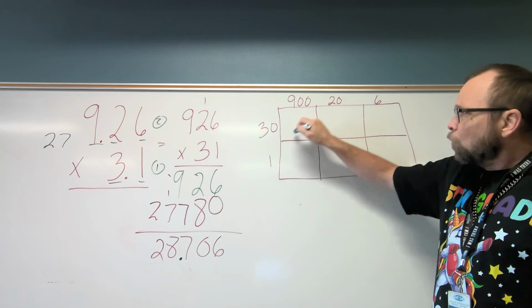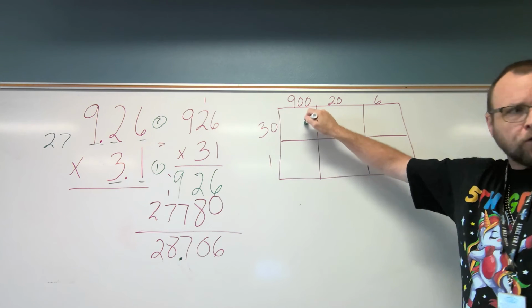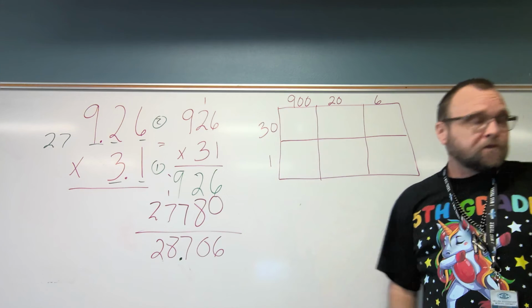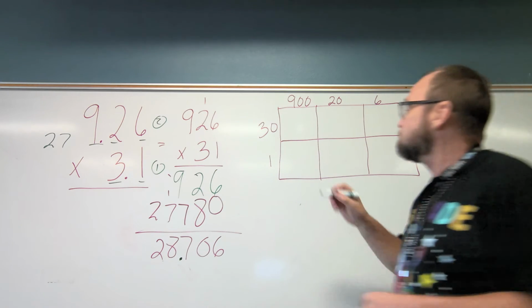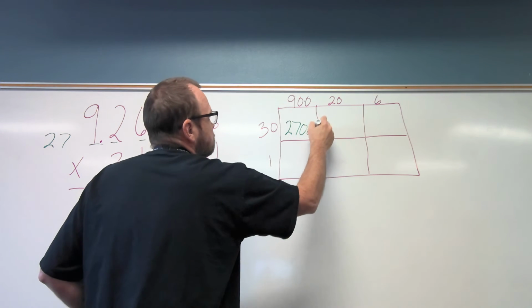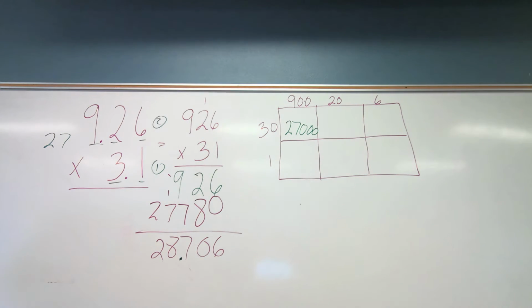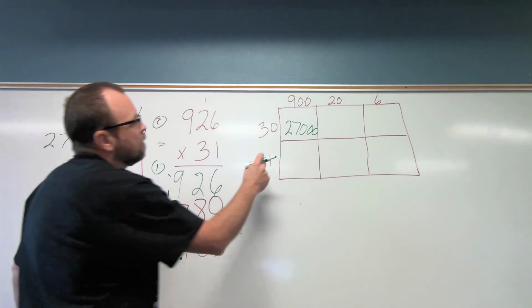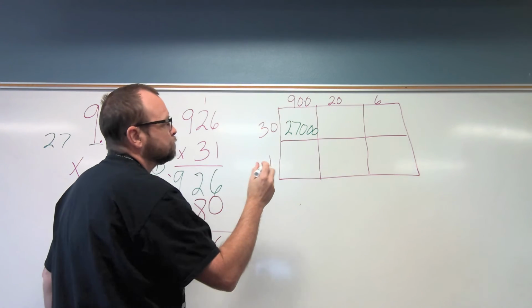But where 30 and 900, what's 9 times 3? 27. Plus 3 zeros. So 27,000. And what's 1 times 900? 900.